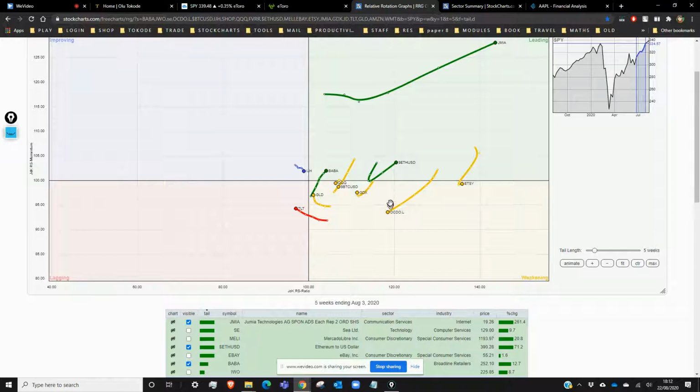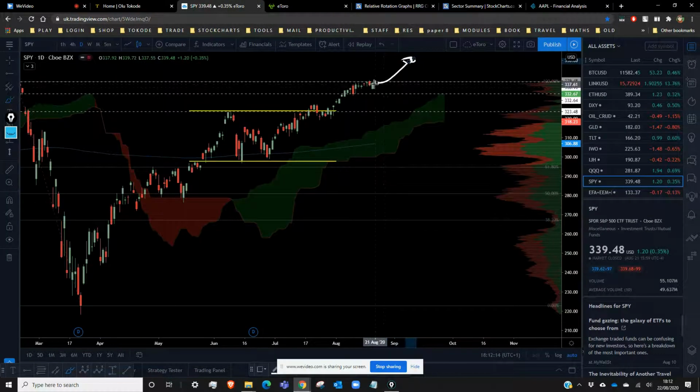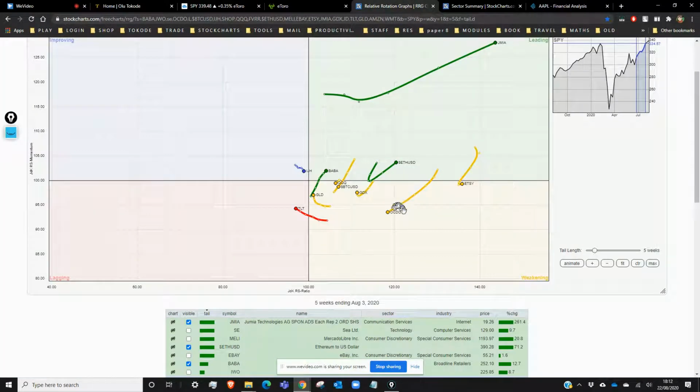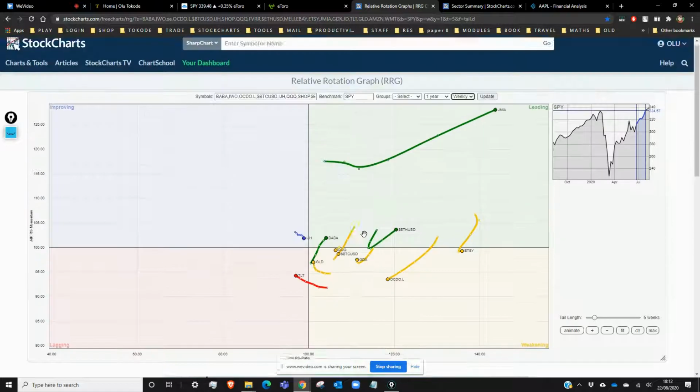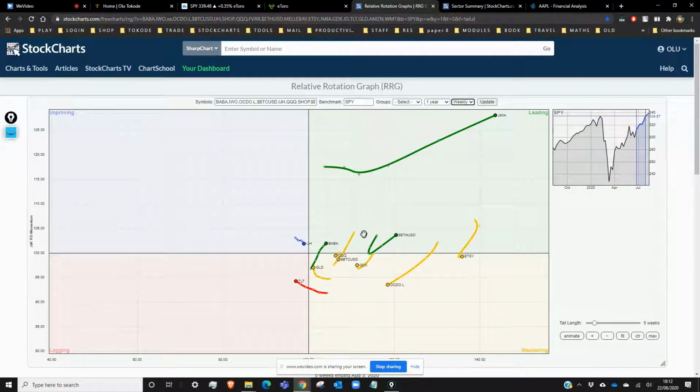I get back on the trend. If it pulls back this way, then that's the perfect scenario. I have some cash available, so I simply add to this and buy some more. That's the plan for the portfolio.